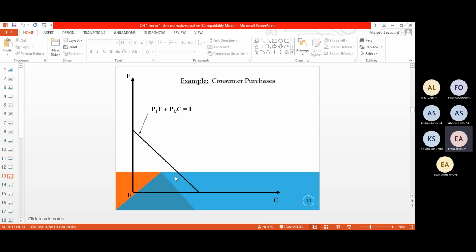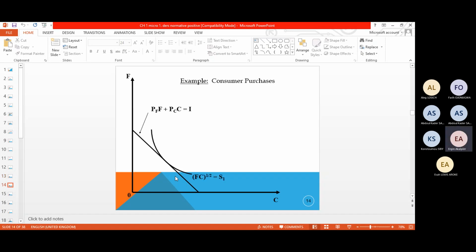Since the budget is limited by the amount of income of this consumer, the price and food amount plus the price and clothing amount are supposed to be equal to or less than this income, which is below or at least on this line, represented as the consumer budget constraint, or so-called budget line.